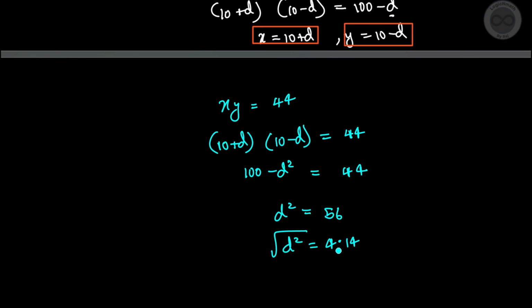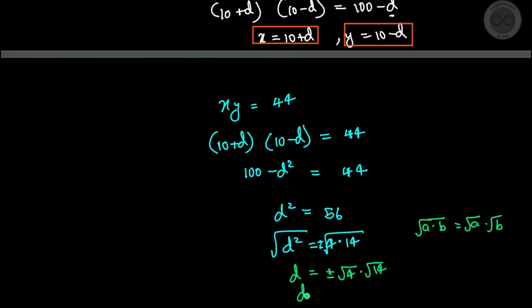and taking a square root on both sides, we get d is equal to plus minus root 4 times root 14, where we have separated using the exponent rule that says root of a times b is equal to root a times root b.